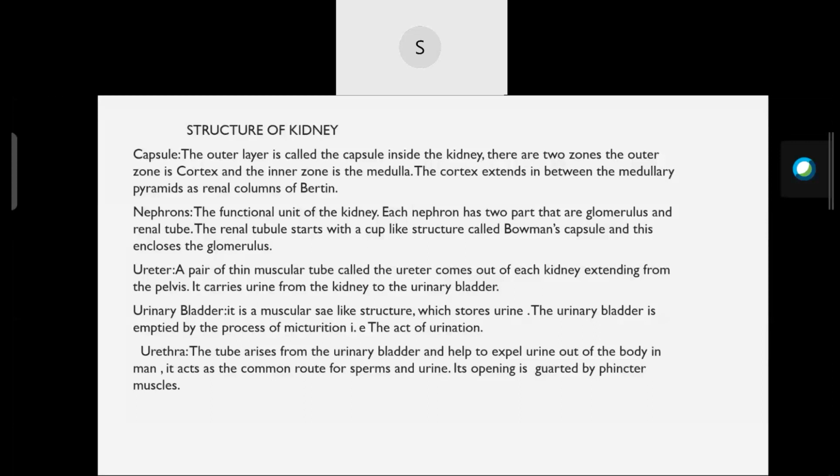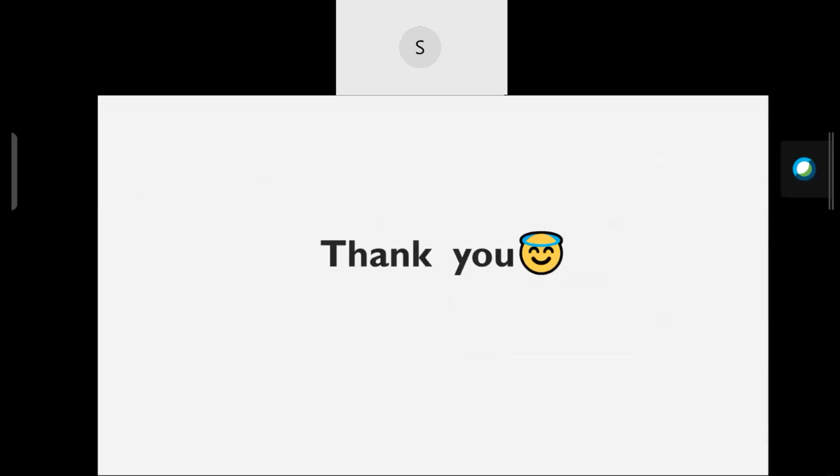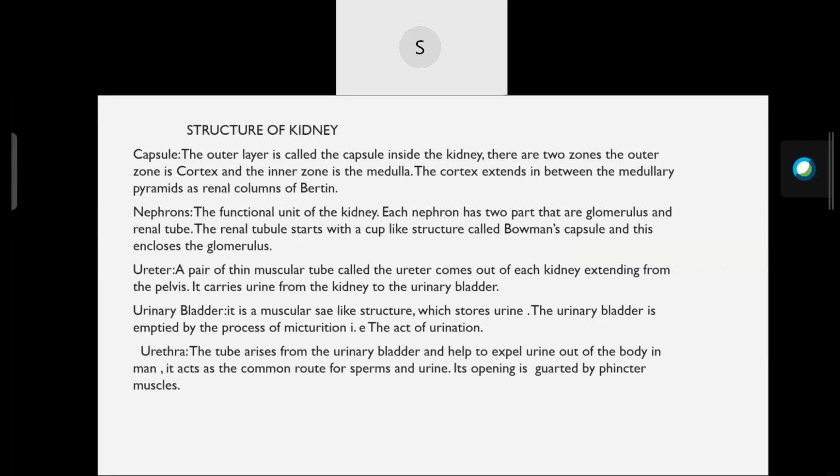Its opening is guarded by a sphincter muscle. Thank you, ma'am.